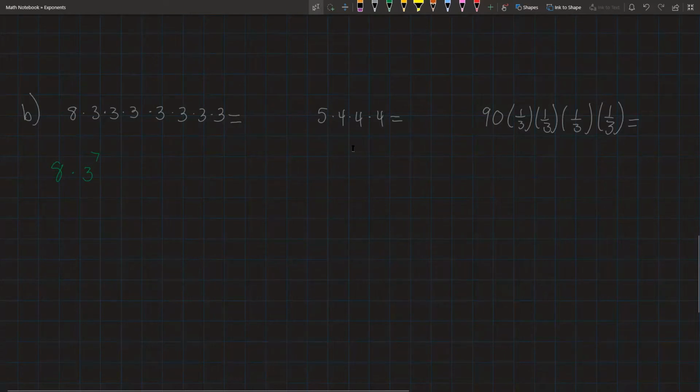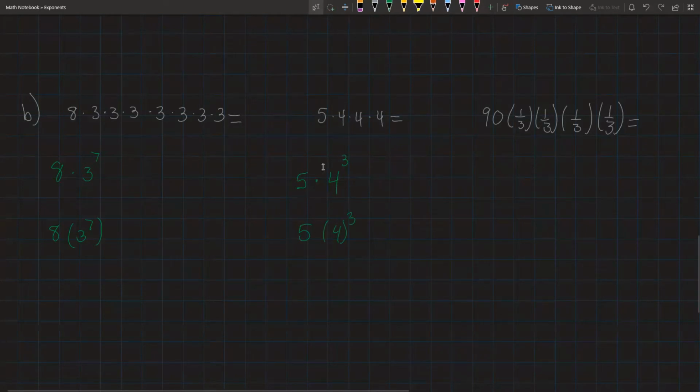Same idea for this one in the middle. Only the 5 is the term that is not part of the same base, but the other 3 can be written as 4 to the 3rd. This is 5 times 4 to the 3rd. If you like to write it as 8 times 3 to the 7th, that's fine. Or 5 times 4 to the 3rd, that's also okay. All right.